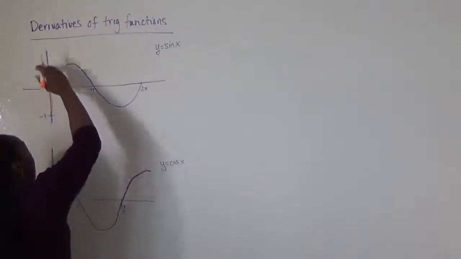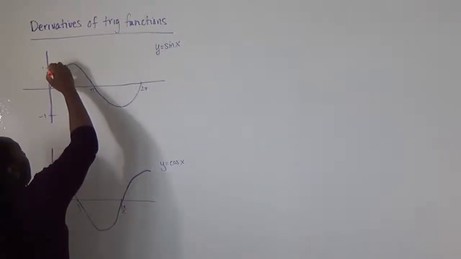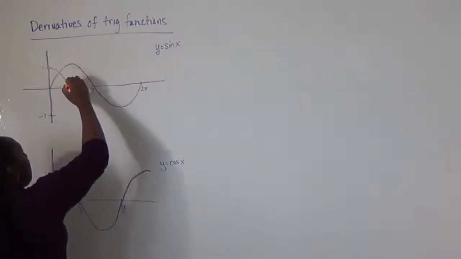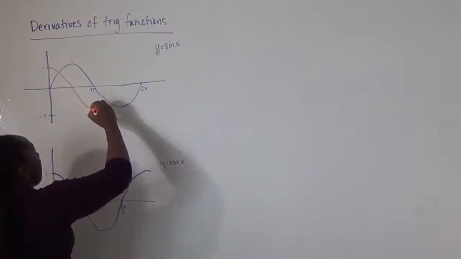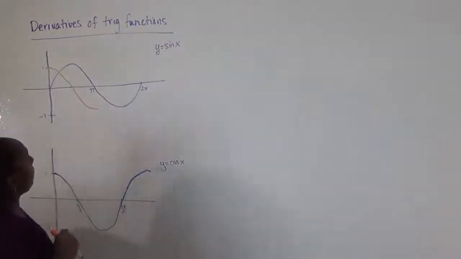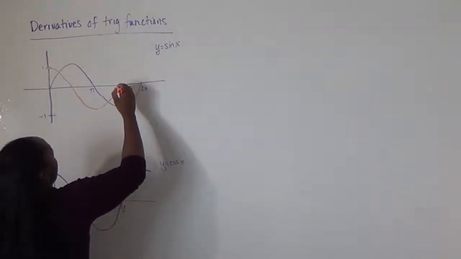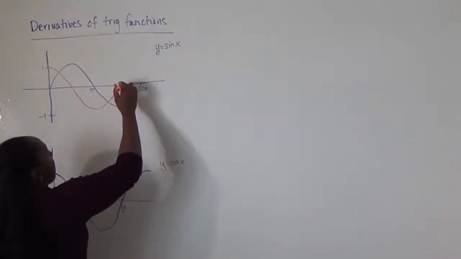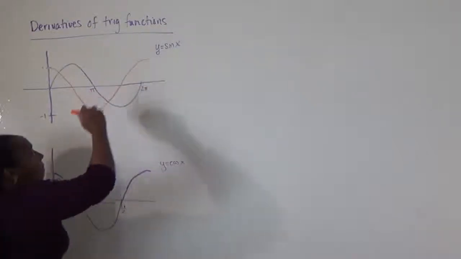So basically we start with a positive slope that decreases for a while, and then at some point in between it's going to hit 0. Then it starts decreasing. It's going to reach the furthest point where it's decreasing, and then it starts increasing again. And then from there it's going to hit 0 and then become positive again.